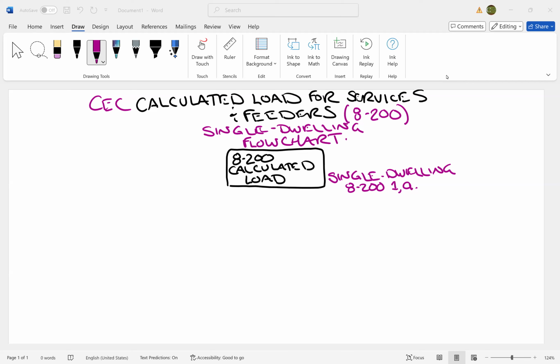Use 100% of it. But for any other heating, you calculate the heating load in watts, and you use 100% for the first 10 kilowatts, plus only 75% for each additional 10 kilowatts.